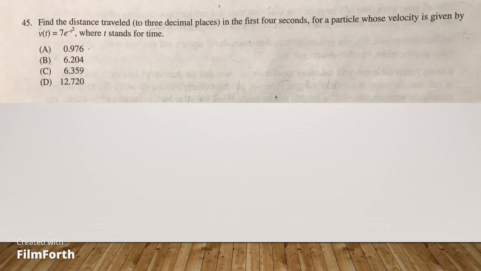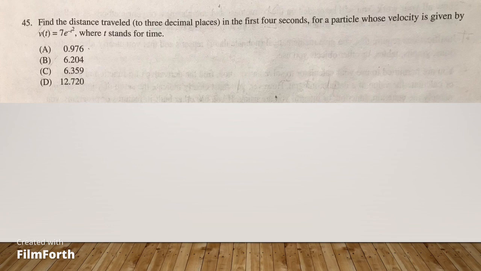Okay, the last question. Find the distance traveled to 3 decimal places in the first 4 seconds for a particle whose velocity is given by v of t equals 7 times e to the negative t squared, where t stands for time.